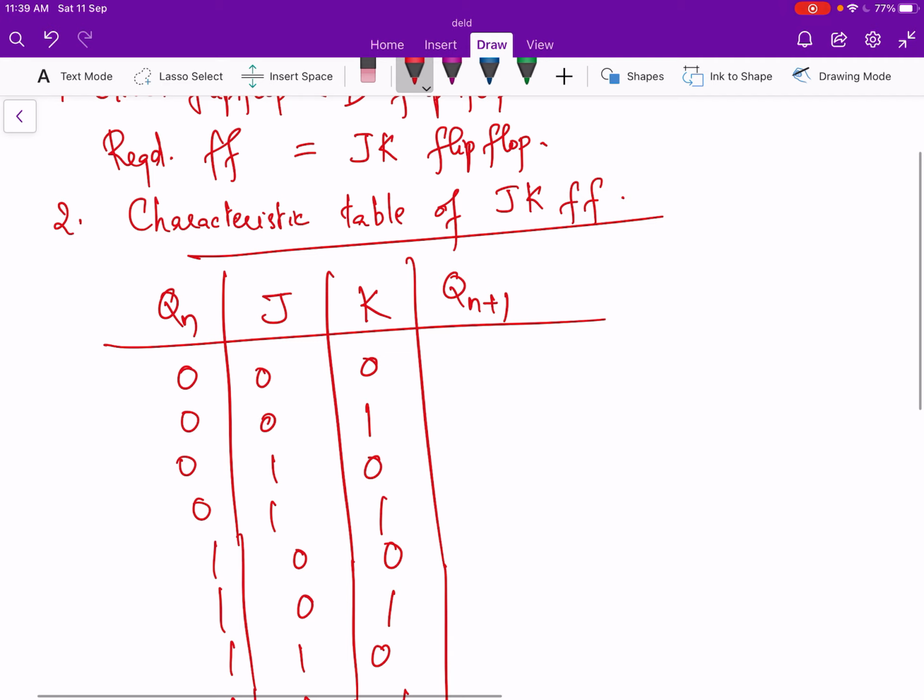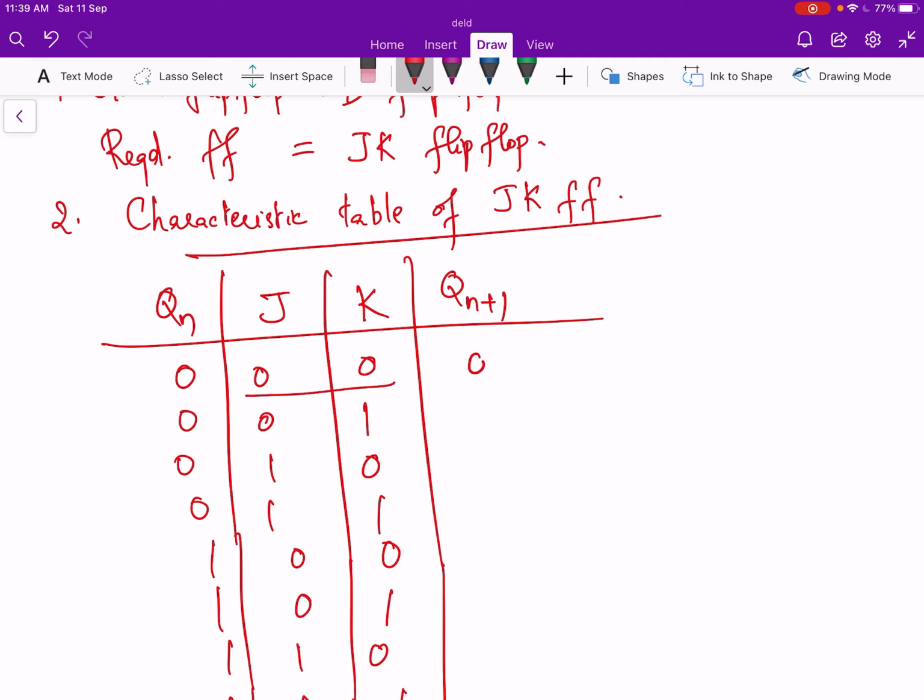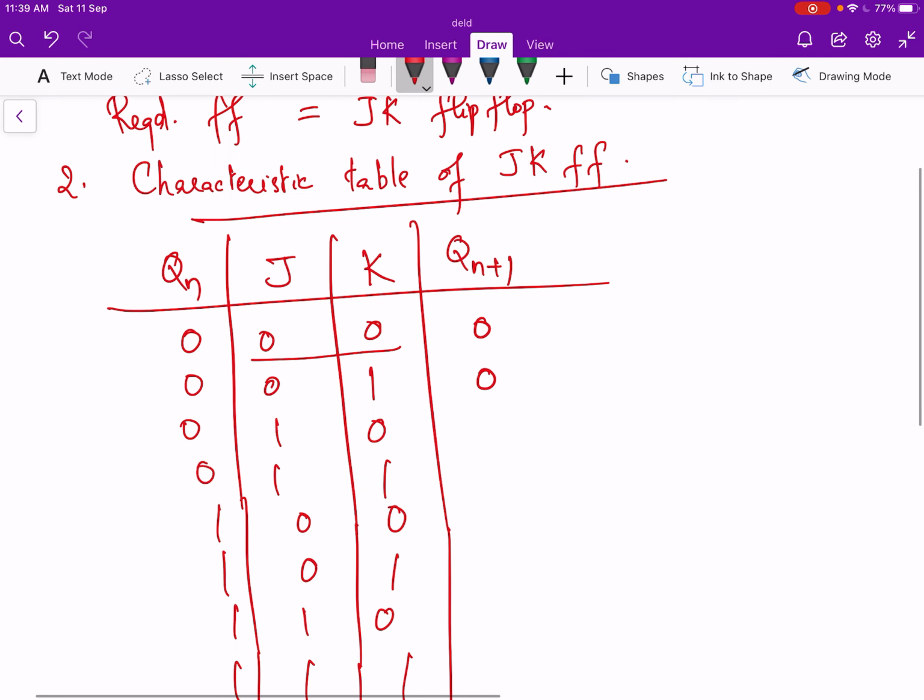Now we can write Q1 plus 1. First case, J is 0, K is 0. For J equal to 0 and K equal to 0, Q1 plus 1 will be equal to Q1, so it is 0. Next case, J is 0 and K is 1. Correspondingly Q1 plus 1 will be equal to 0, or the flip-flop will be reset.